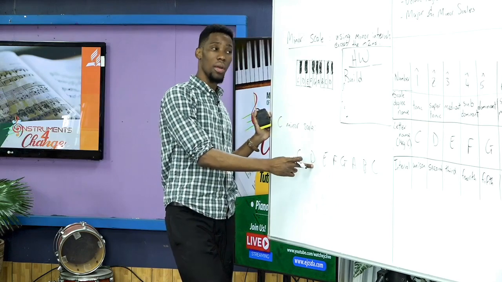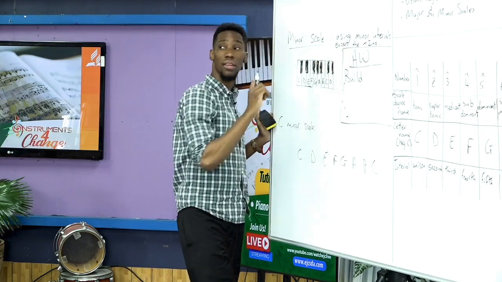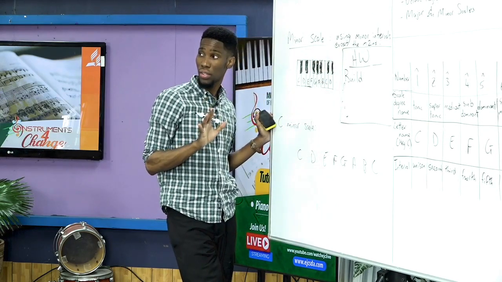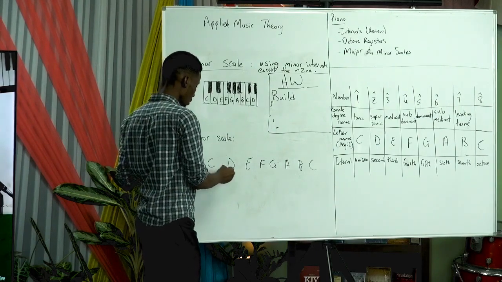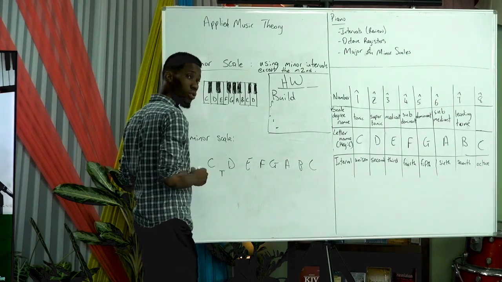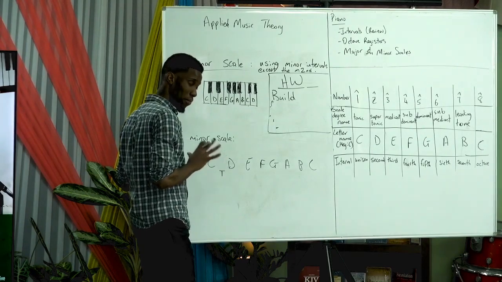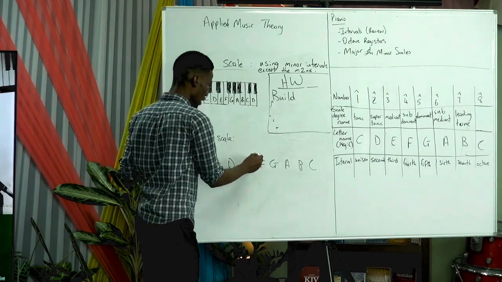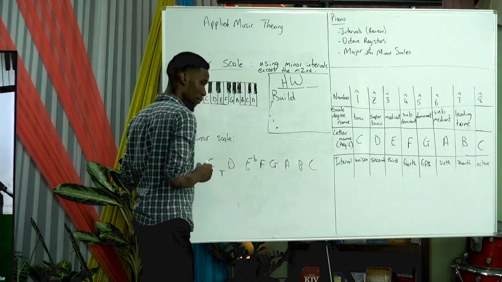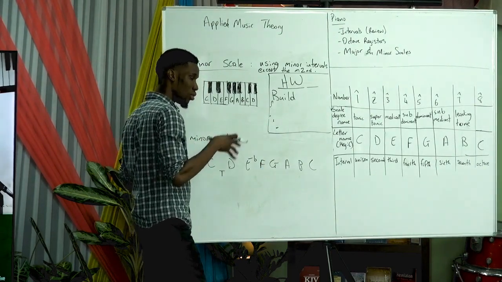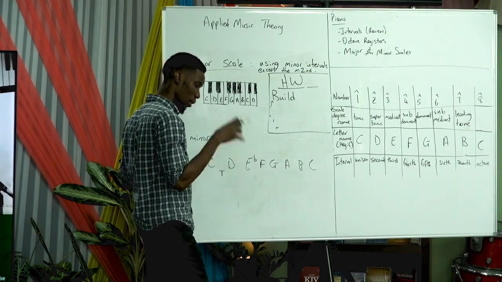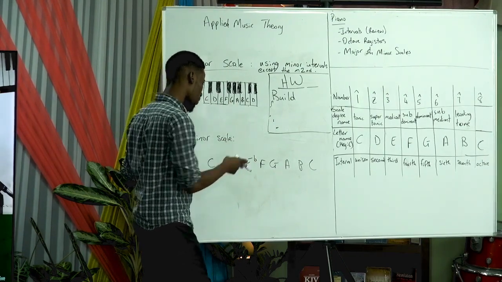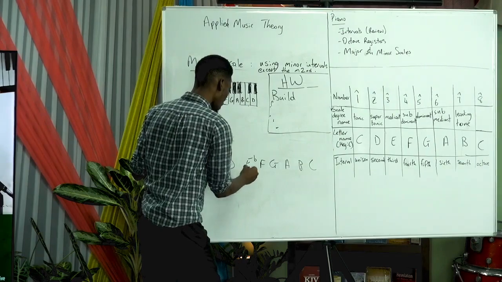C to D. Remember also we do not use the minor second. So we keep that. So we say tone. We're keeping the major second. For the E flat, we're going to flatten it. So from D to E flat, you should be looking on your keyboard, or you probably know it by now. From D to E flat is a semitone.